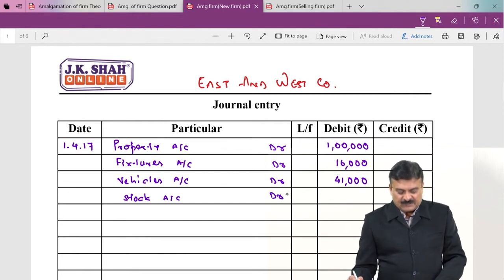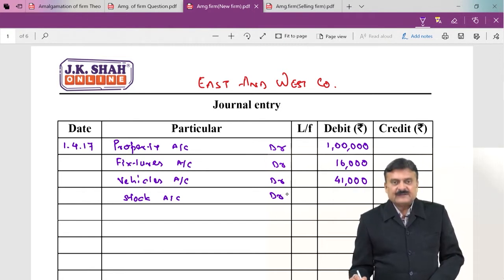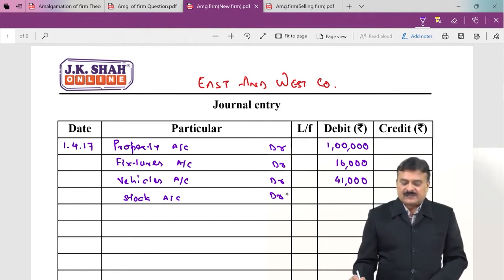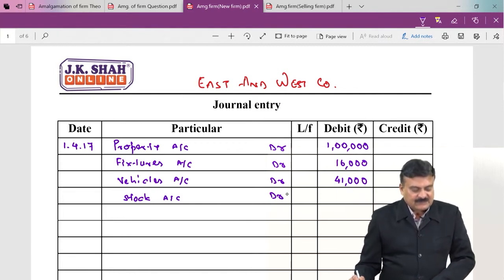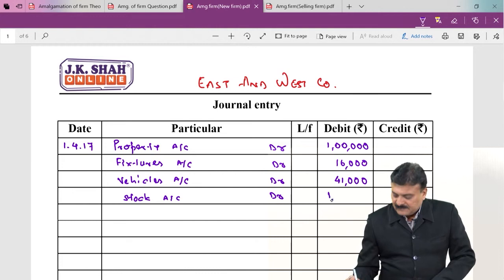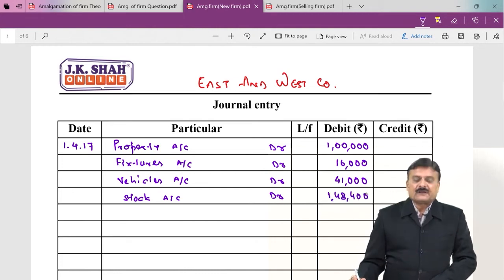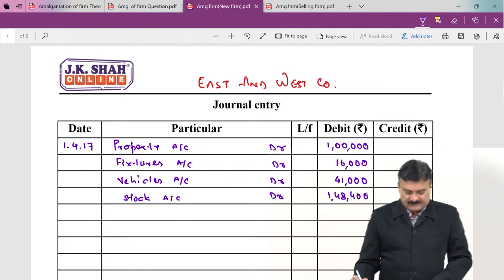What will be my stock account? Of both figures, stock will be 84,500 plus 63,900. So 84,500 plus 63,900, my amount will be 1,48,400. Continuing, after stock, investment was not taken over.